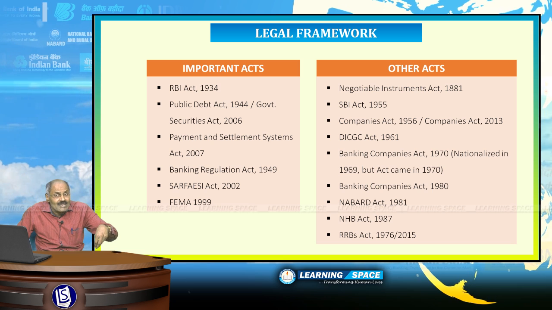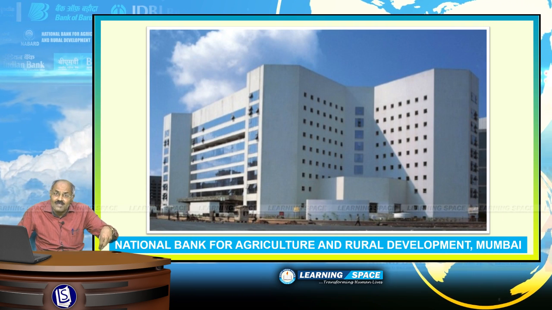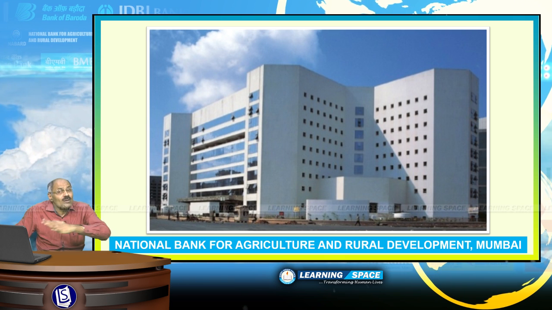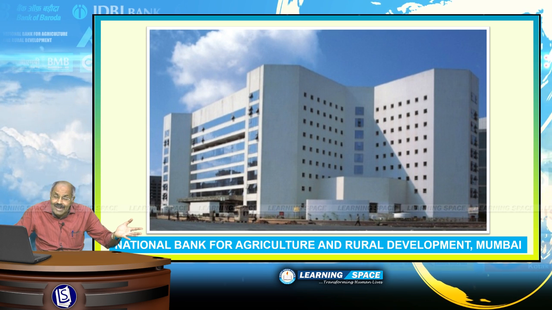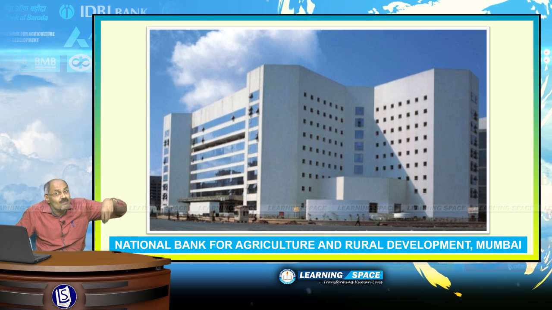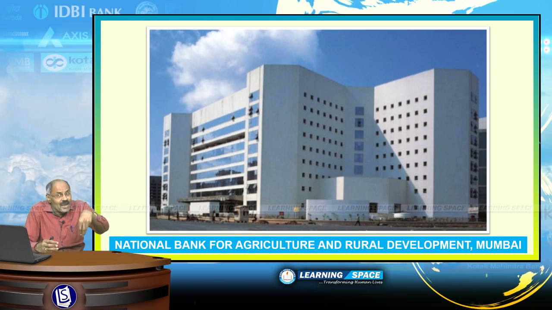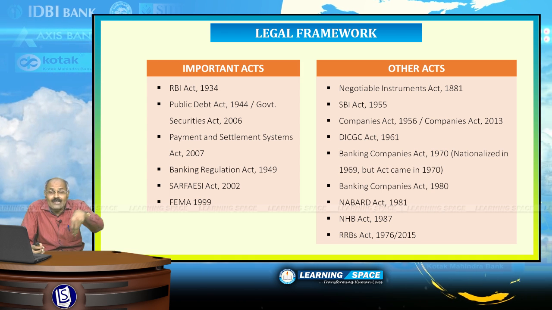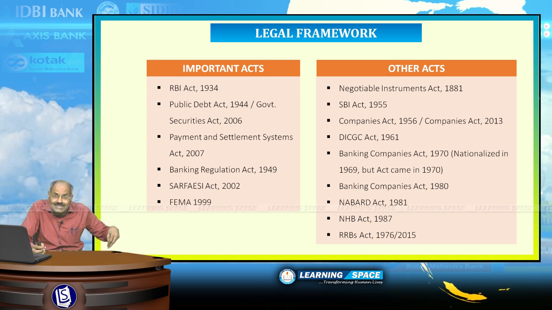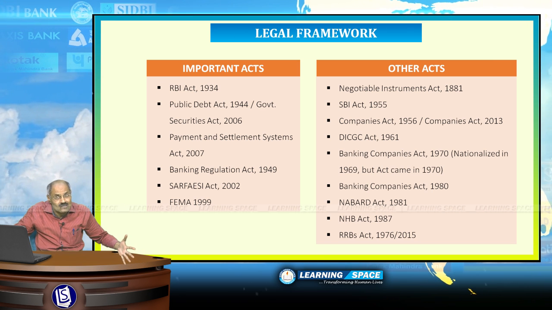Under NABARD Act of 1981, National Bank for Agriculture and Rural Development was established in the year 1982 so as to work as a sectoral development organization for agriculture and rural development in rural areas. This NABARD was established, and the framework is as per NABARD Act of 1981, and Reserve Bank has to look into all these aspects before acting as a regulator for all these institutions.